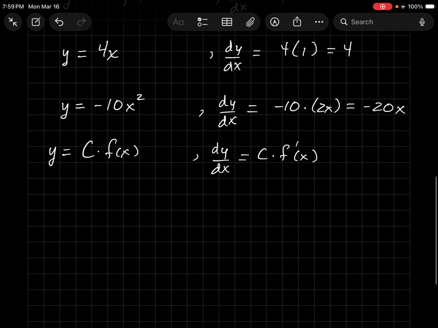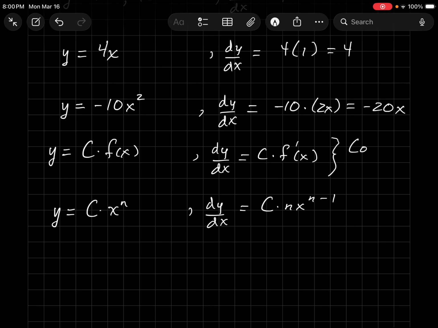Adding that to our power rule, if we have y equals c times x to the n, then its derivative is c times the derivative of x to the n, or nx to the n minus 1. So this one right here is called the constant rule.